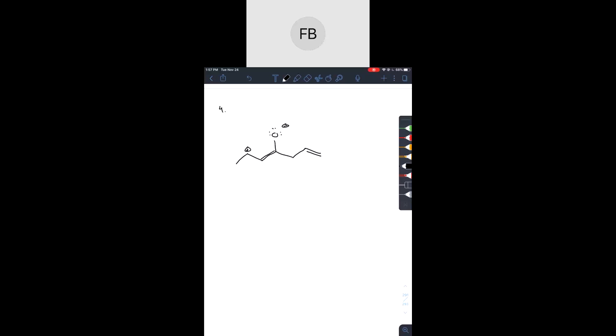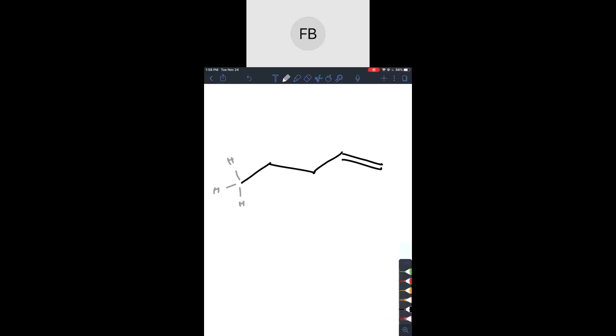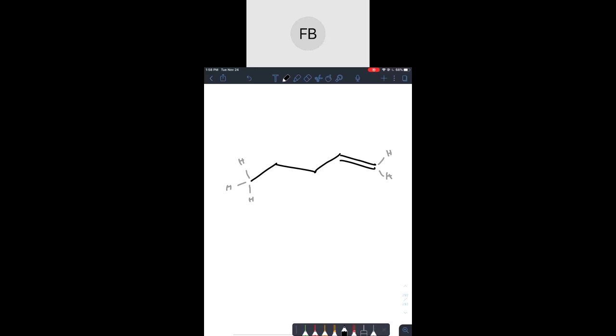So if there's something you notice about the end, I'm going to draw a chain that has 2 ends. One of them is double bonded, one of them isn't. Now, if you look at this end of the double bond, how many hydrogens are there? There's 3, right? But if you look at this end of the double bond, there are just 2. So one thing you should remember is don't move double bonds onto the very last carbon, because then you're getting rid of a hydrogen.